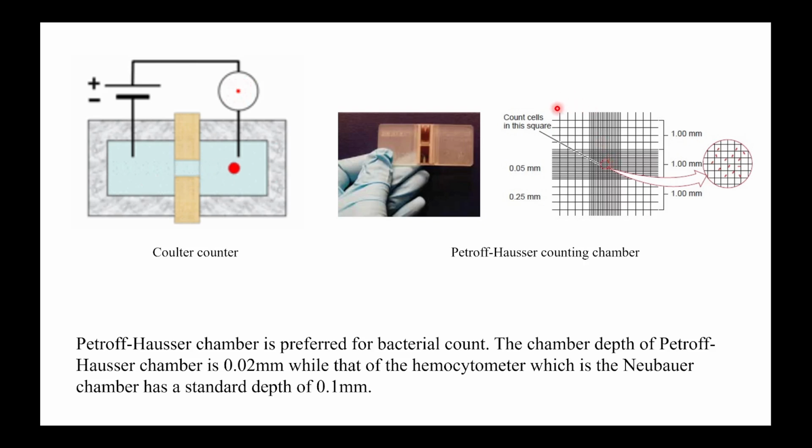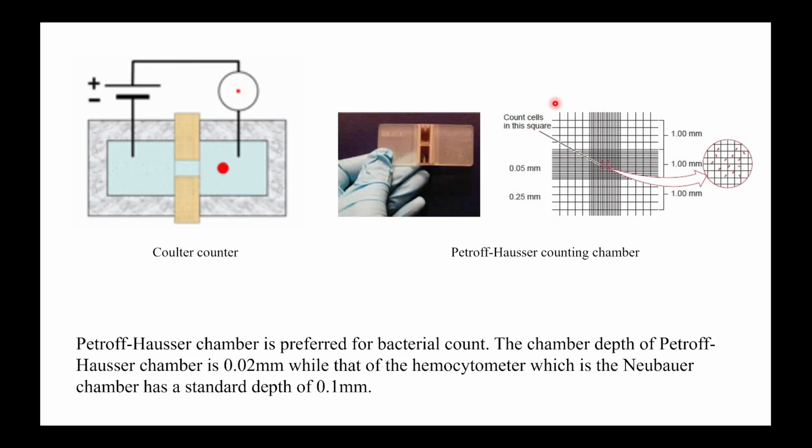In the larger square, this one big square where my laser pointer is, this whole thing is 1 mm by 1 mm in dimension, and the volume that this grid holds, given the height between the cover slip and the slide of 0.1 mm, makes the total volume held by this grid 0.1 mm cube.